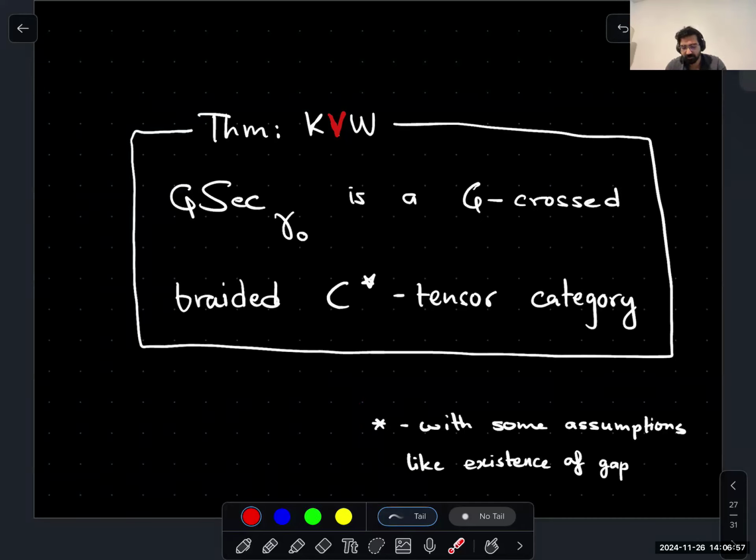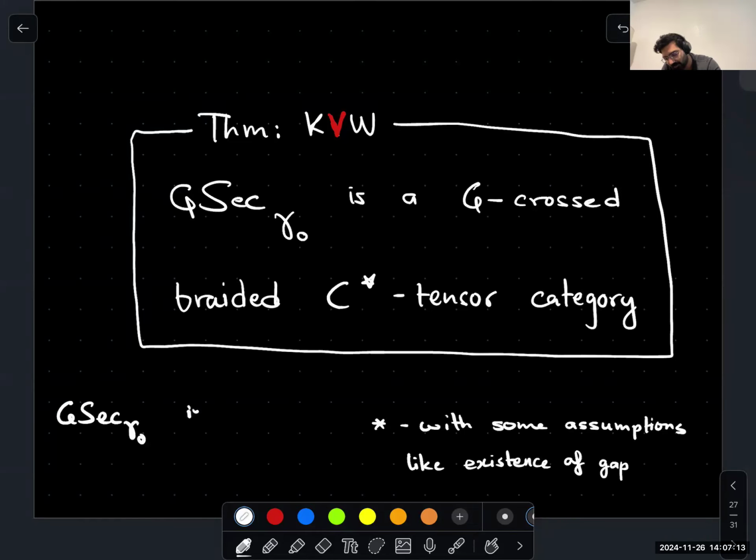And importantly, let's say there are no anions. Then of course it's an SPT, because there's only some sort of G action on trivial anions. It turns out that G sec gamma 0 is isomorphic to the category WEC G omega.